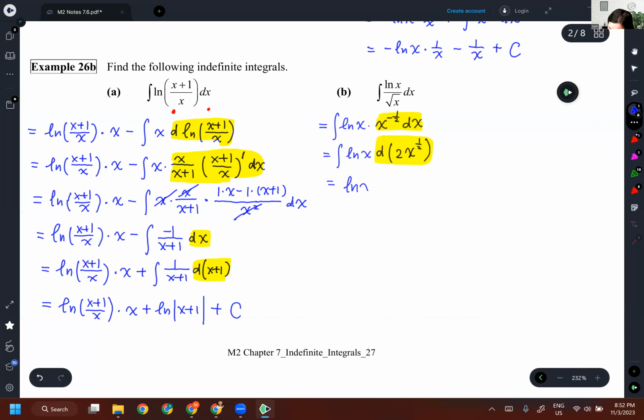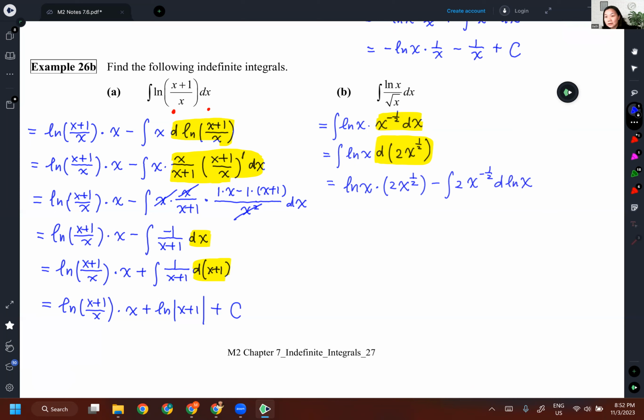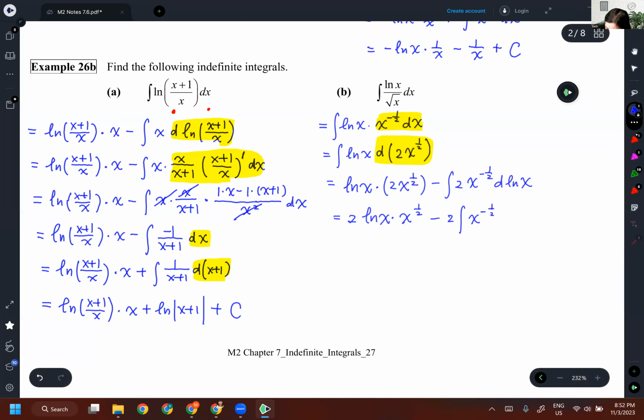It's uv minus v du. Okay. And then one step, I will figure out the coefficient first. This is 2 x to the negative 1 over 2, 1 over x dx.